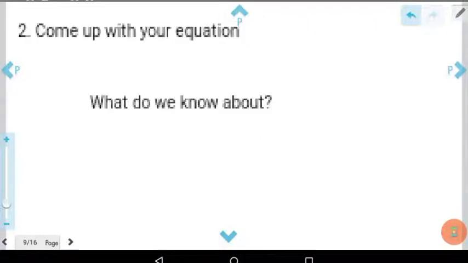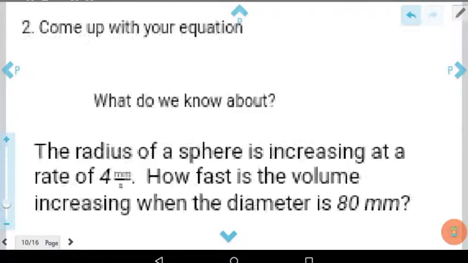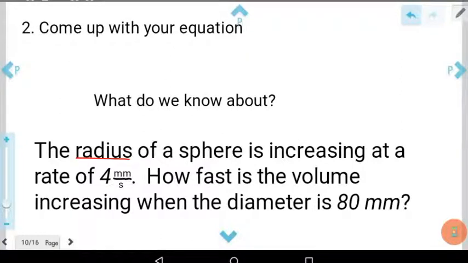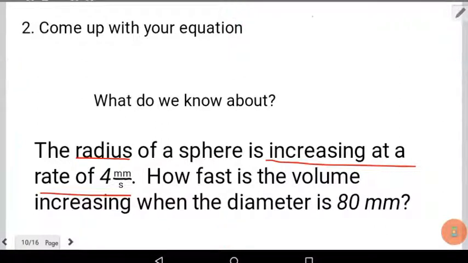The other thing we want to think about is what values we actually know something about. It's telling us that the radius is increasing at this rate, so it's telling us about the rate of change of the radius. We can imagine that as dr/dt, which is just how quickly the radius is changing.